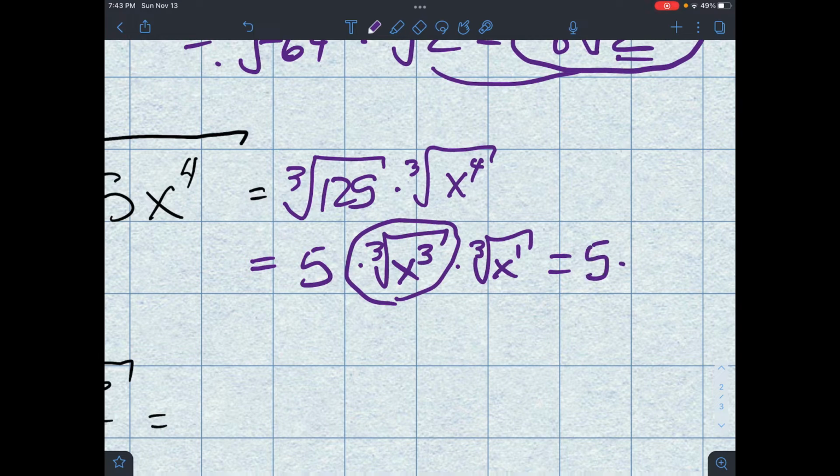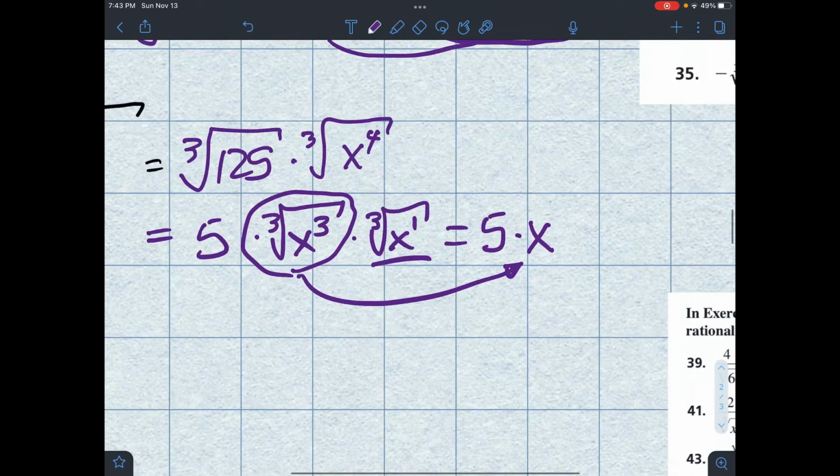So I've got the 5 that came out. I've got the x that came out. And now this piece is stuck: the cube root of x to the 1st. And I don't need to put a power of 1. You certainly can, but you don't need it there. This is a little confusing because this 3 looks like it might belong to the x.